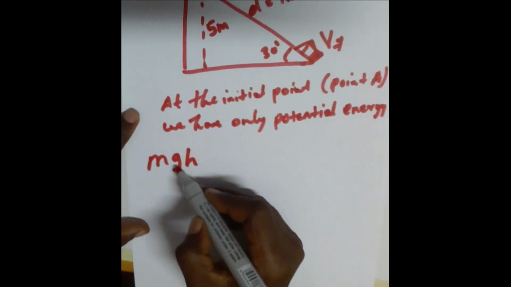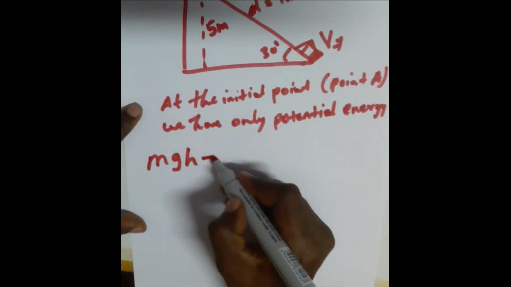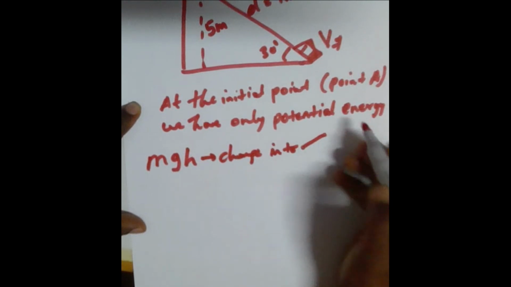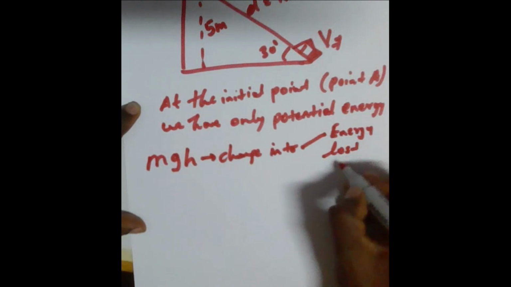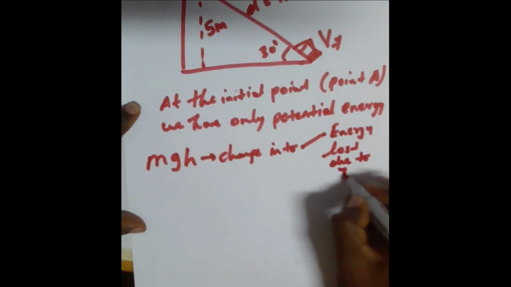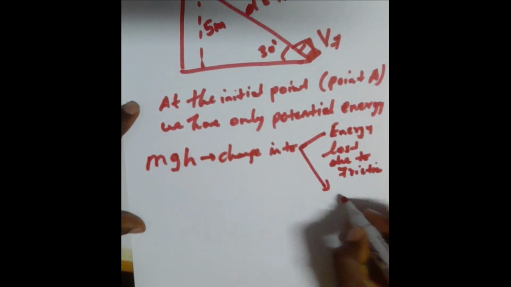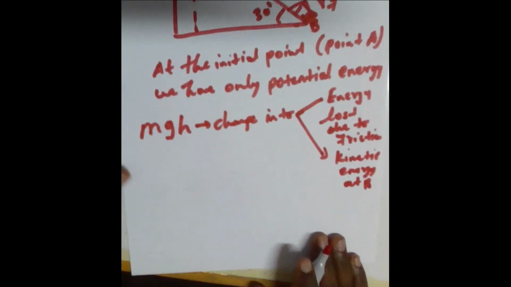Okay, so this potential energy changes into two things: one is the energy lost due to friction, and the second one is the kinetic energy at point B. Let's say this point is point B. The sum of these two will be equal to the potential energy.